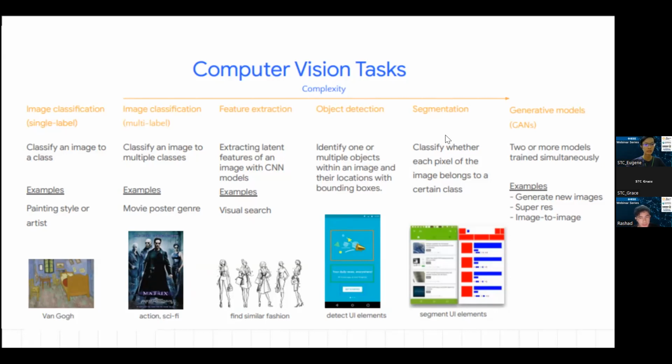And above that is segmentation, where instead of just the locations, we actually want to classify each pixel of the image. So for each pixel, let's say you want to segment UI elements: is this a button, or is this an image, or is this the header, or the footer?